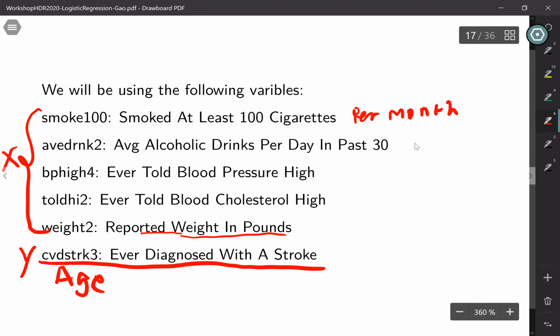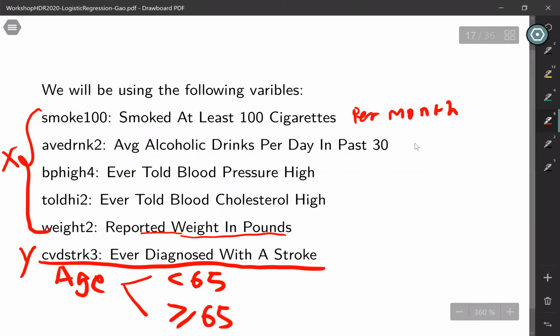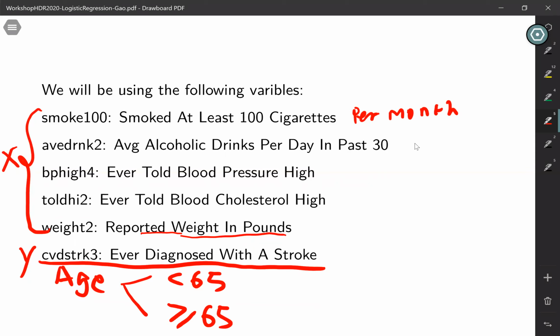Also, you may want to redefine age into groups, for example under 65 and over 65. Now you have converted a numerical variable to a categorical variable. That's also okay. So to answer your question, absolutely, you can include either numerical or categorical variables. I see. Okay, thank you.